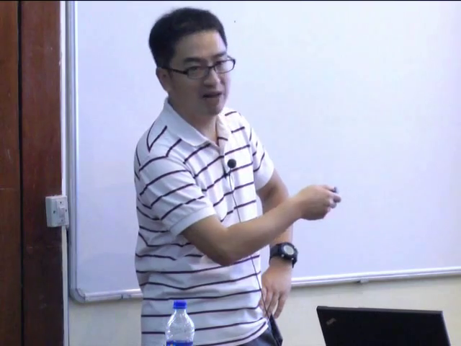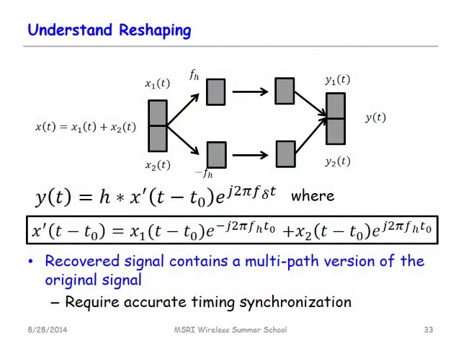If you have some kind of propagation delay to get the signals, that gives T0. And also FH, the central frequency of the first half part and the lower part. So what you receive is not exactly X, but a multipath version of X.